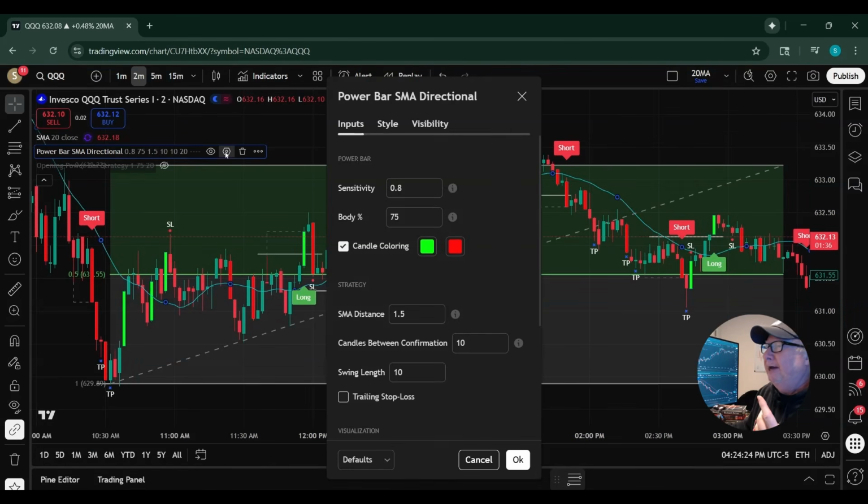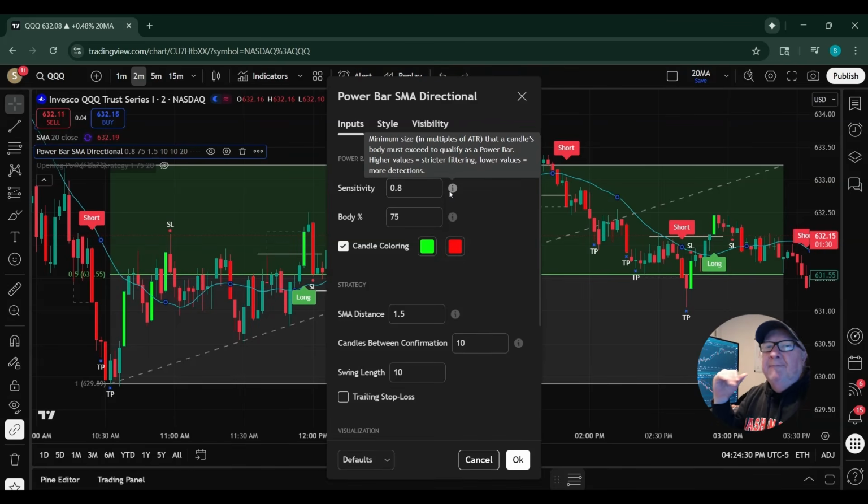And this is how I do it. It's set for 0.8 sensitivity. What the sensitivity measures is, as it says here, the minimum size that a candle's body must exceed to qualify as a power bar, right? And it's set relative to ATR.